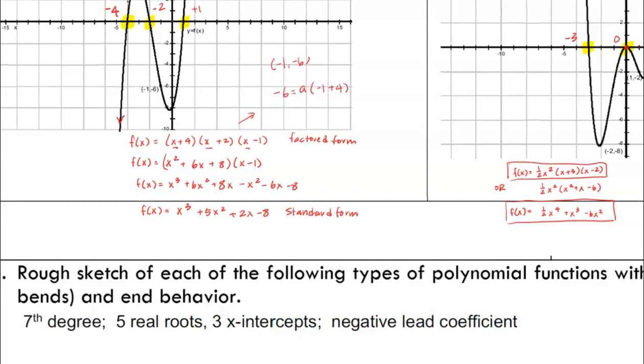Negative 1 plus 4, negative 1 plus 2, negative 1 minus 1. So negative 6 equals a times 3, 1, negative 2, I'm sorry. So that's going to be negative 6 equals negative 6a. So a equals 1. Okay, so I didn't really need to find a.